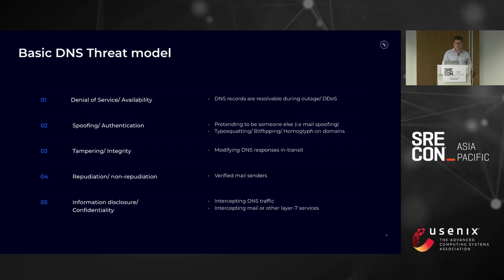And then information disclosure and confidentiality, so people intercepting DNS traffic. This is a worry within a bunch of nation states, but also goes beyond DNS. For a long period of time, mail was sent unencrypted. And there are still a bunch of layer 7 applications out there that are still unencrypted.